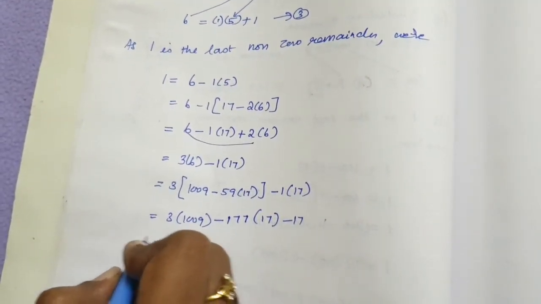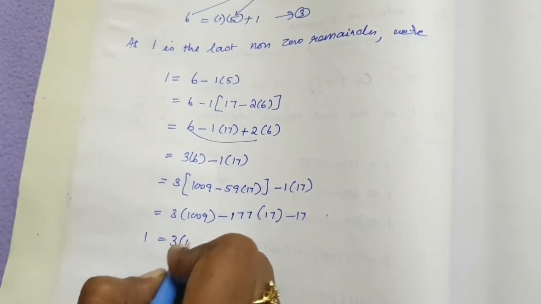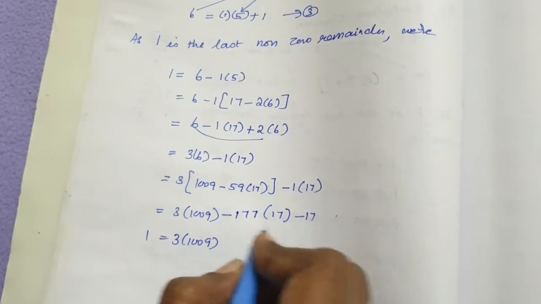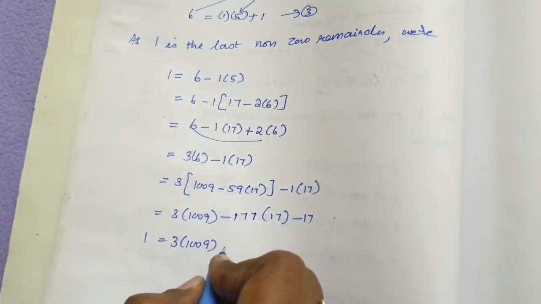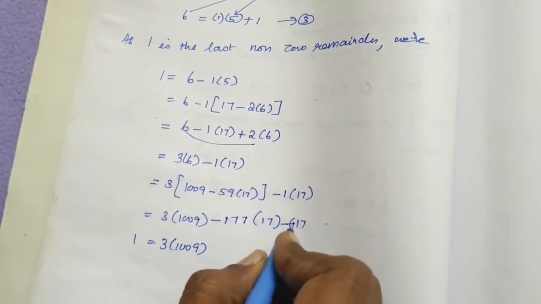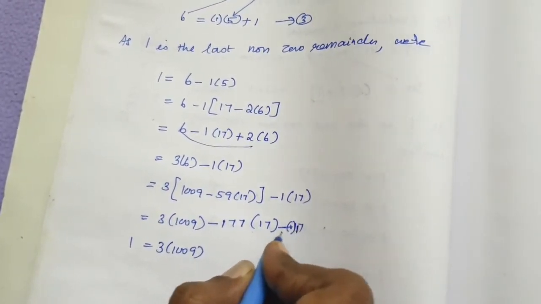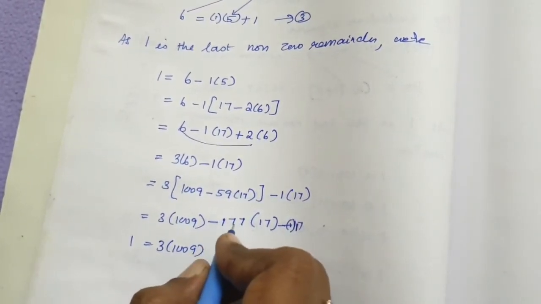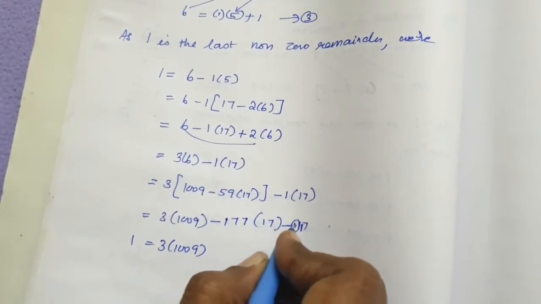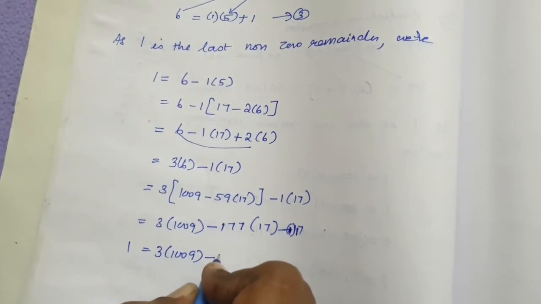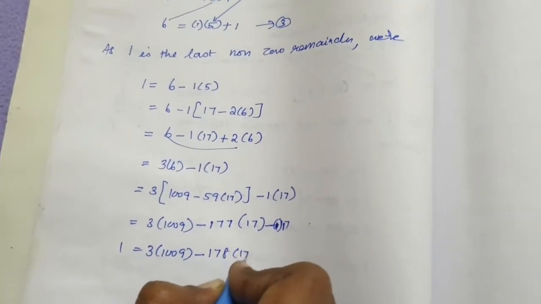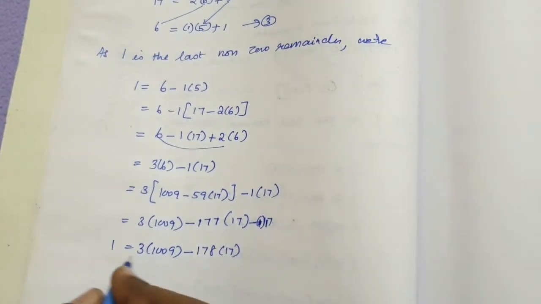After simplification, we get 3 times 1009. When you add these two things, that is 1 times 17, so minus 177 minus 1. We get the answer as minus 178 times 17.